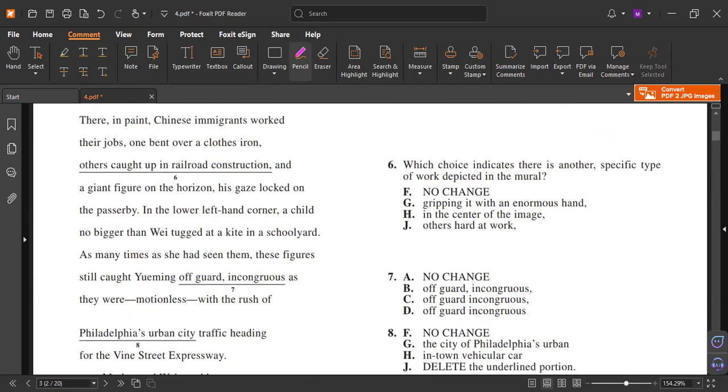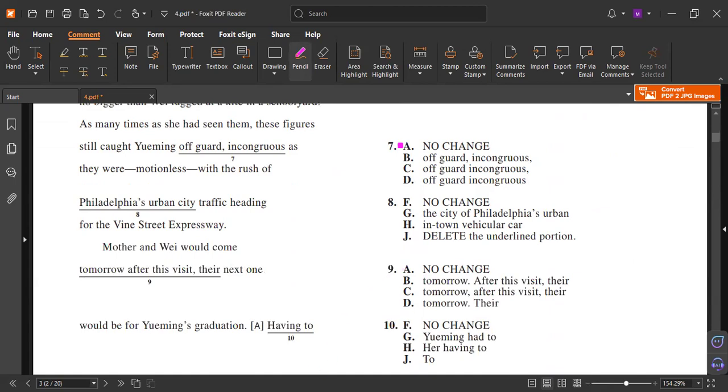6 F. Number 6, correct. 7 A. Correct. 8 J. 8J, yes.